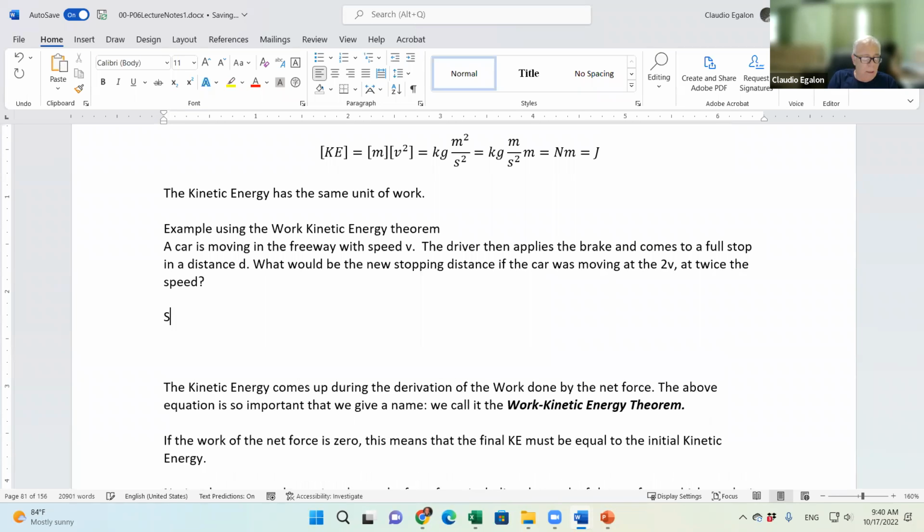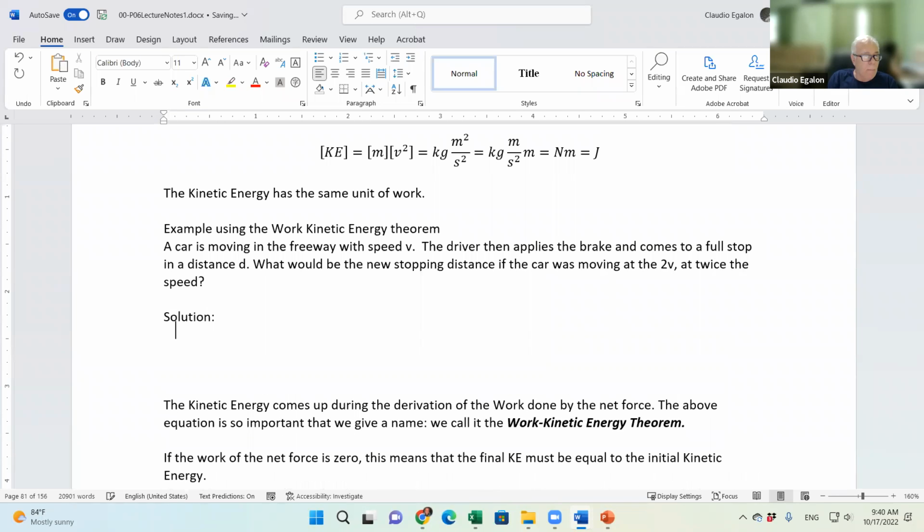Solution. By the way, you can solve this problem using the work kinetic energy theorem. You don't need to know the force that's applied to the tires. You don't need to know the force of friction. All you need to know is the work kinetic energy theorem. Think a little bit about that.